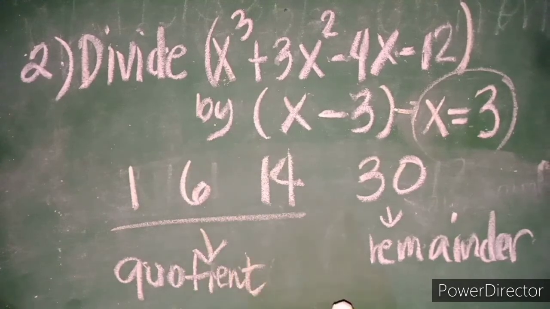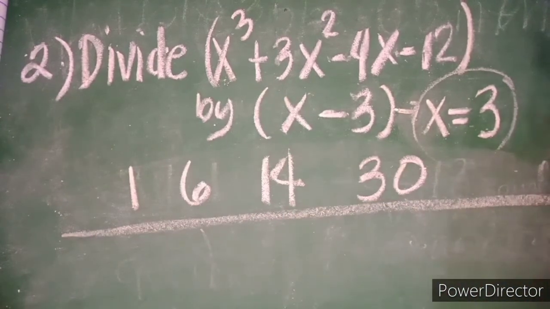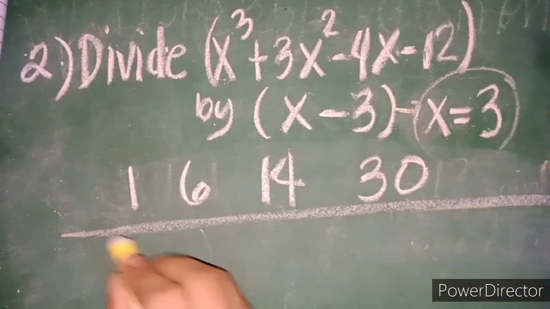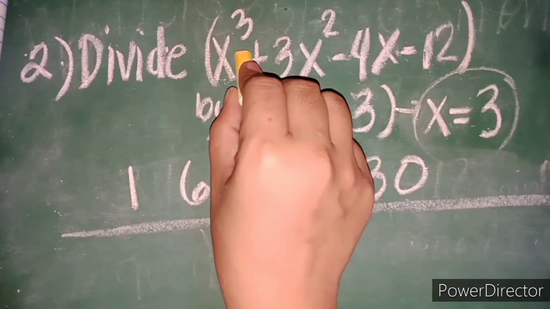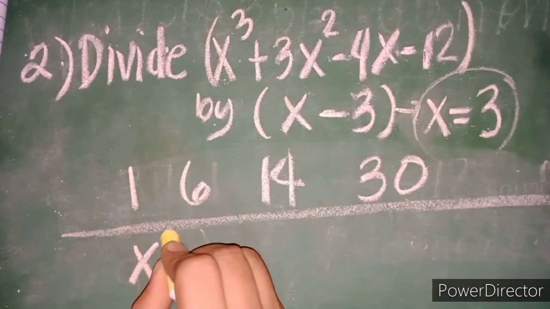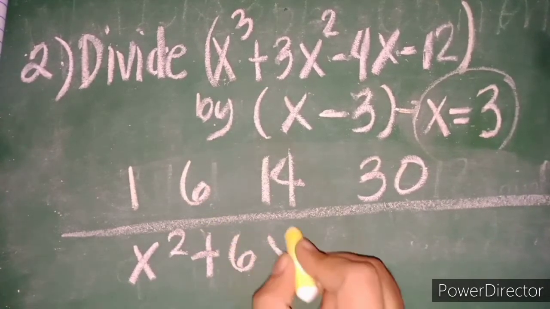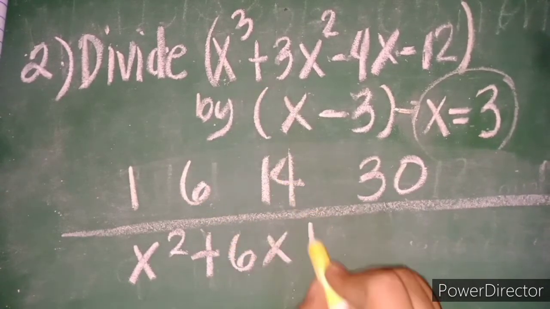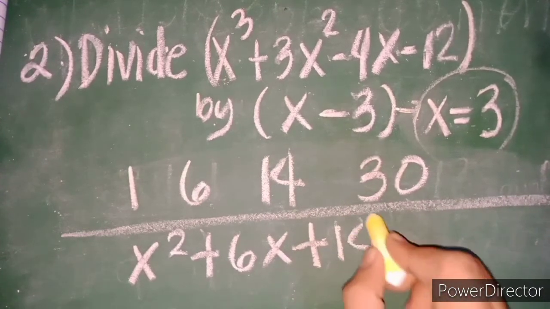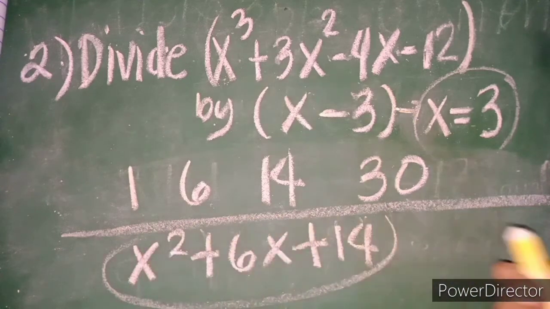Okay, so i-rewrite natin yung quotient sa polynomial. Para ma-rewrite sa polynomial ang quotient natin, ang gagawin natin, kung ang dividend natin ang highest exponent or ang degree ay 3, pagdating sa quotient natin, magbabawas lang tayo ng isang exponent. So that's why we have x squared plus 6x plus 14. So yung dulo, yun yung remainder.